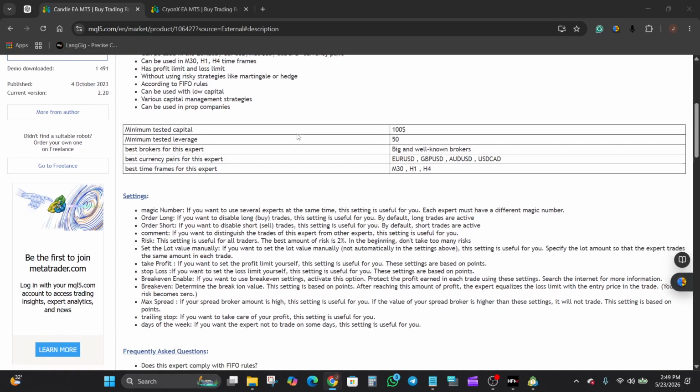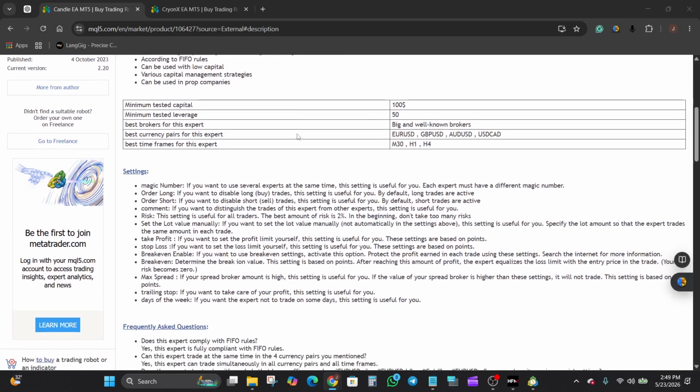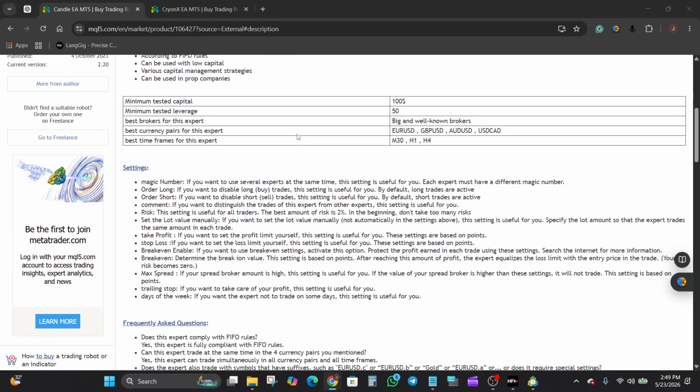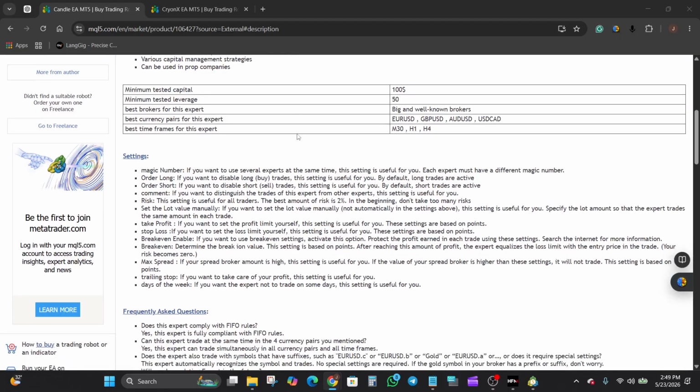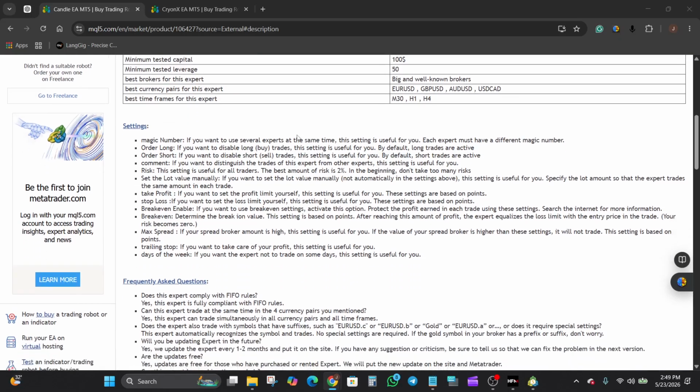So instead of relying on complex external indicators, the logic is centered on price action through candlestick behavior. Scrolling further, I can see that the system is designed with a profit limit and a loss limit, which suggests built-in risk control parameters. That means trades are structured with predefined boundaries for both upside and downside outcomes, depending on settings.